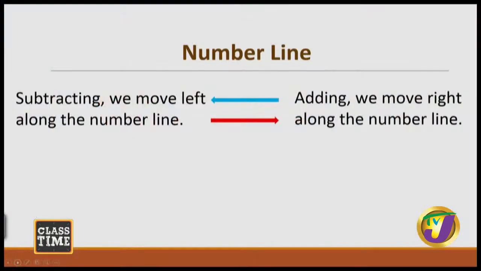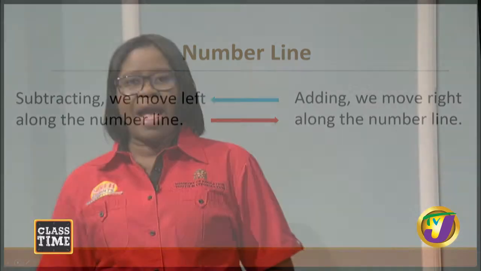So we're going to be using the number line. The number line is a tool in math that we use to help us carry out many calculations. You might be thinking, the number line at this grade level? Don't worry yourself. I use the number line because it gives me a visual representation of what I am doing, and it makes it more concrete.